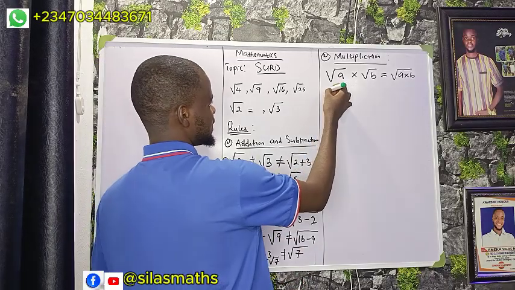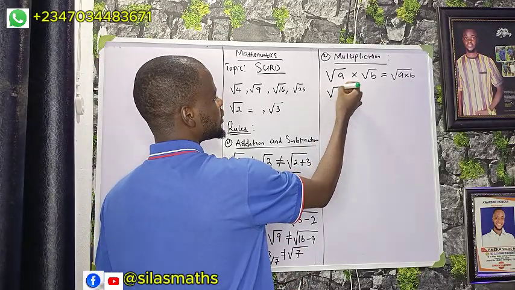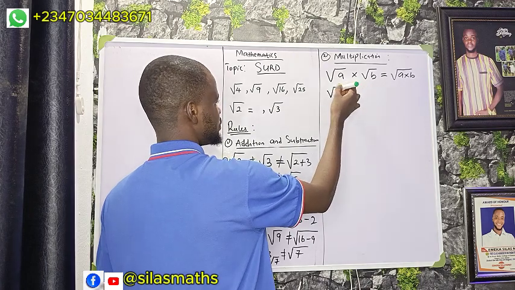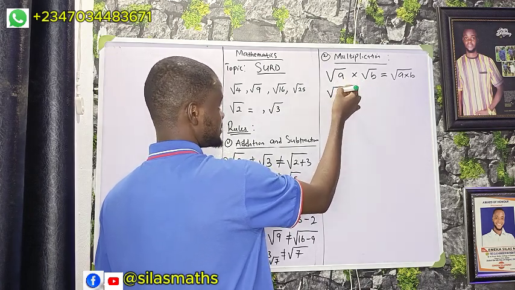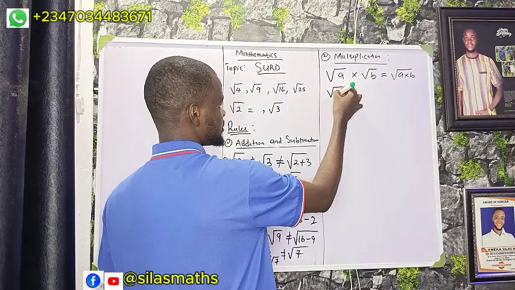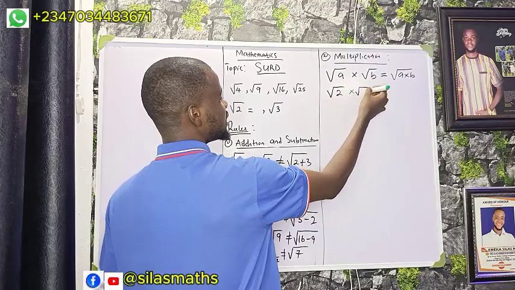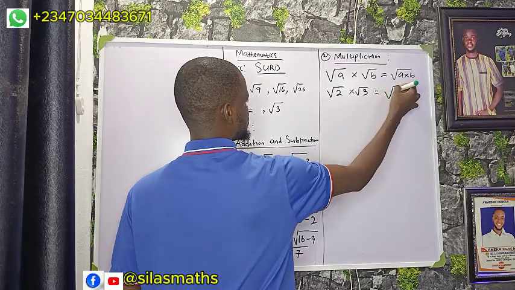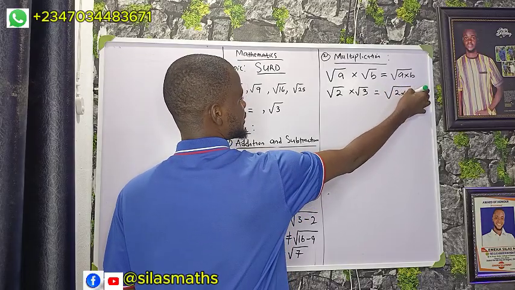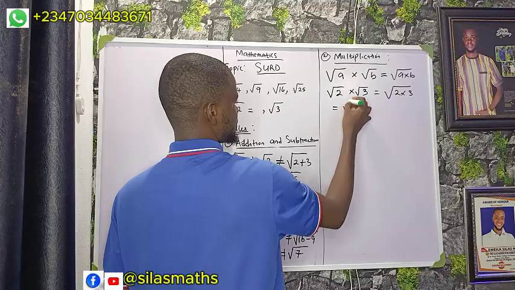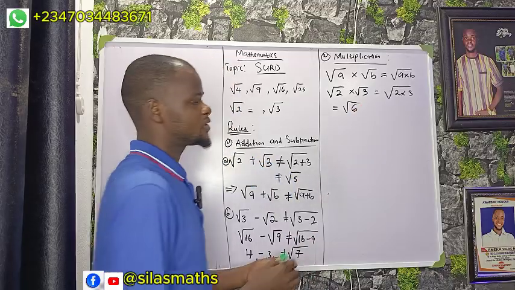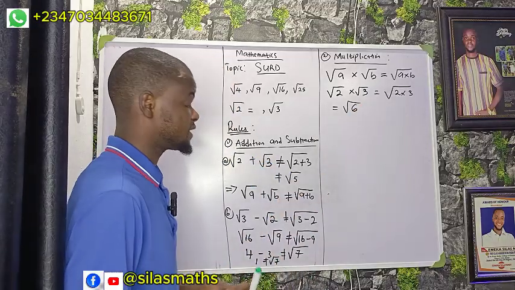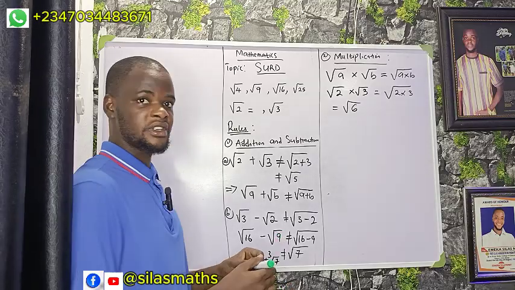For example, let's use the same numbers, root of 2 times root of 3 will give me square root of 2 times 3, which is equal to square root of 6. So they are the same.